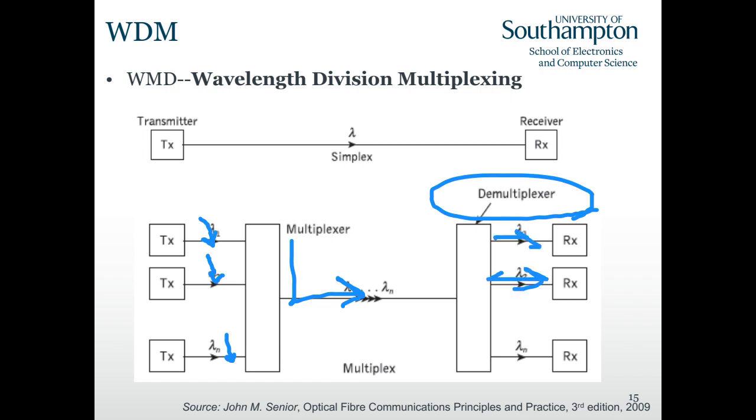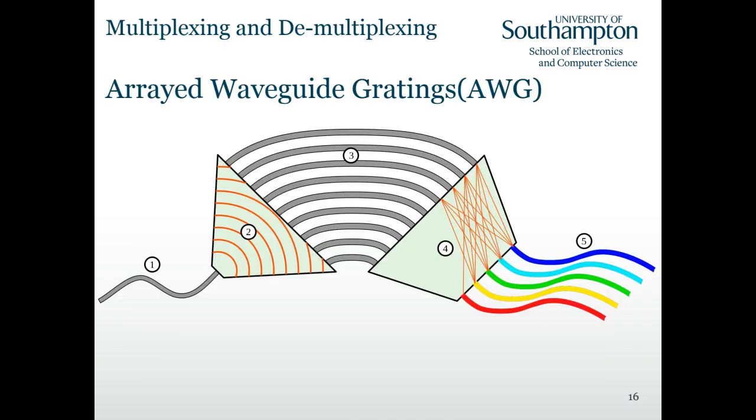So let's look at the demultiplexer first, step by step. First of all, at location 1, we have signals with all wavelengths. They are all multiplexed, and we receive them from a fiber. And then 2 here is free space, so it's basically free space propagation.